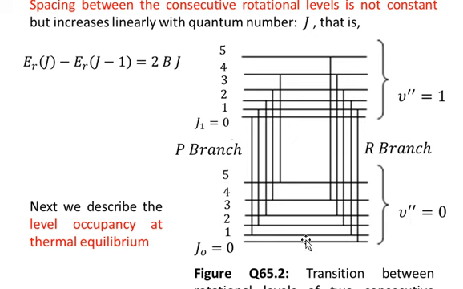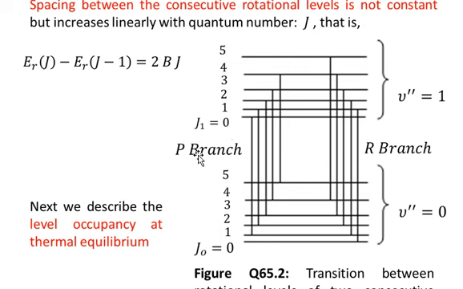You can notice that there are many rotational levels corresponding to the vibrational level V double prime equal to 0, and I have labeled these levels with quantum numbers J0. So J0 is the rotational quantum number, and similarly J1 is the rotational quantum number corresponding to the vibrational level 1.